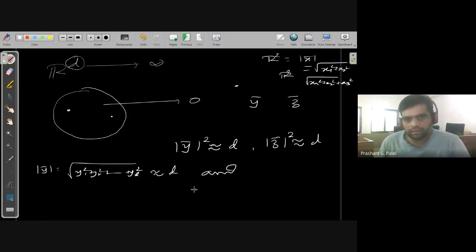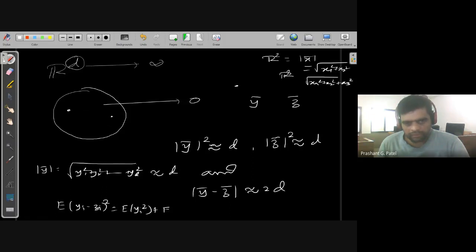And the mode of y bar minus z bar is approximately 2d. Because the expected value of the square of yi minus zi, for each i, is the expected value of yi square plus the expected value of zi square minus 2 times the expected value of yi zi.